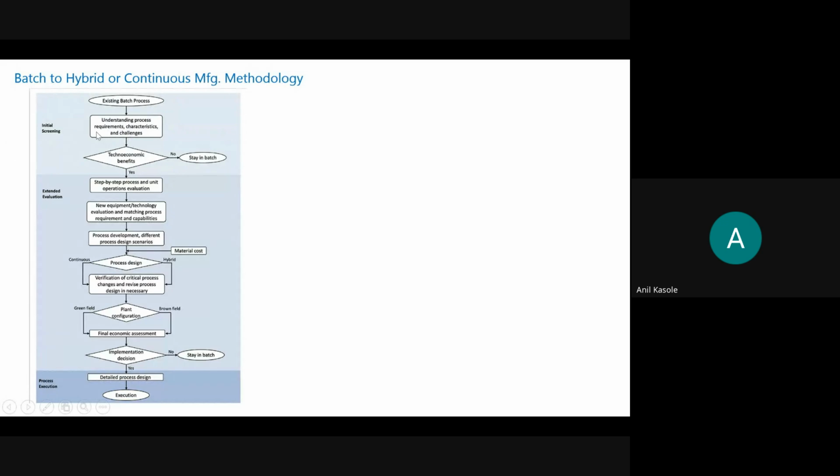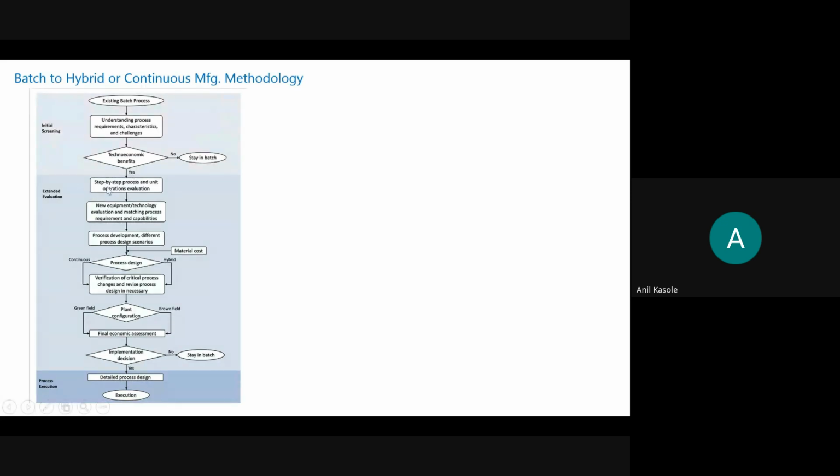The team is doing the initial screening, meaning understanding the process requirements, characteristics, and the challenges in making the current product. What are the different challenges? What are the characteristics of that process? It is nothing but called an assessment. Then how it is beneficial in terms of the techno-economic situation.